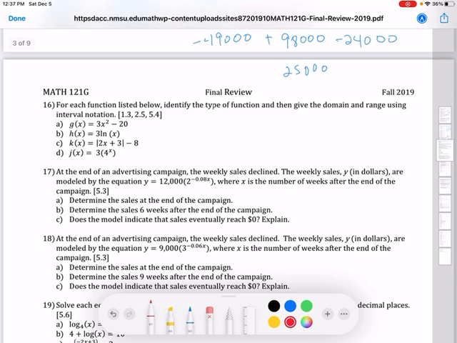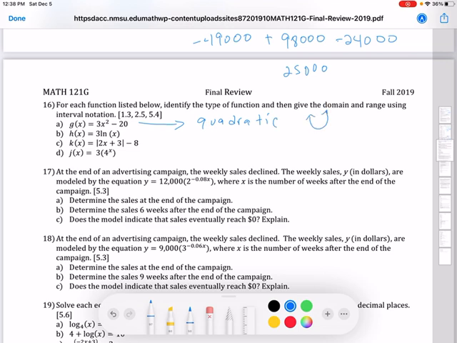16. Okay, domain and range. We all should know all of these functions. The first one, if you notice the x squared, therefore it's a quadratic. Quadratic problems, the graphs look like that.